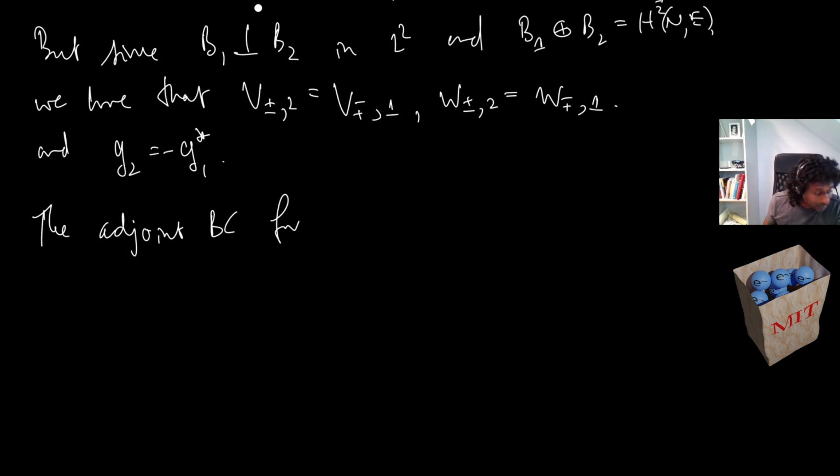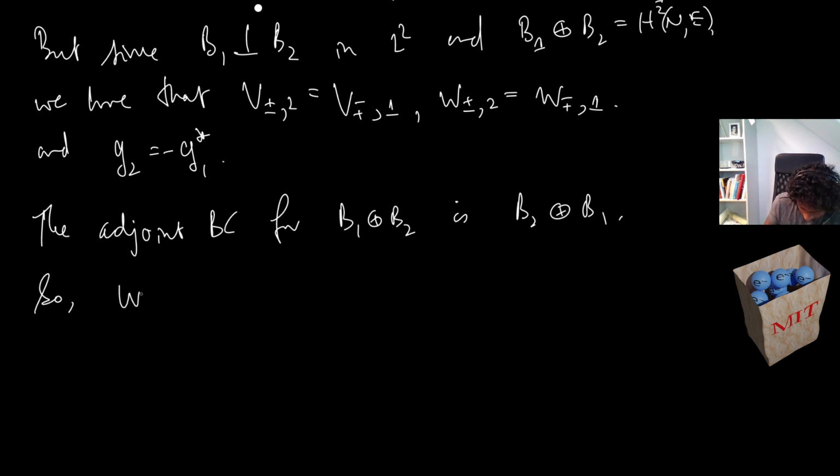Okay, so now the adjoint boundary condition is precisely equal to B_2 plus B_1 instead of B_1 plus B_2.